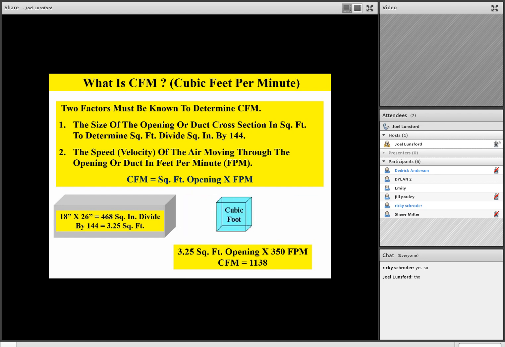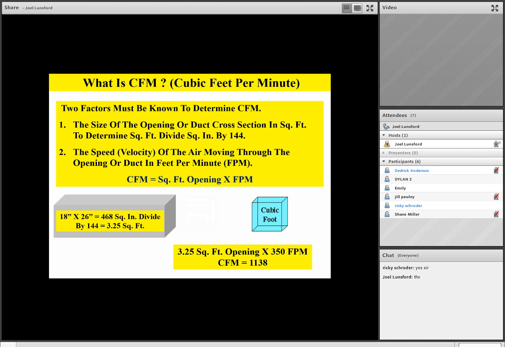So I would highly recommend that if you desire to really learn more about airflow and to find out what Manual D says, ACCA Manual D is the criteria that's set forth in our industry for designing a duct system. It's about a 1-inch thick manual, and if you Google Manual D, that's like Delta or dog, you can certainly purchase an ACCA Manual D online for a more in-depth education as far as how to design a duct system.